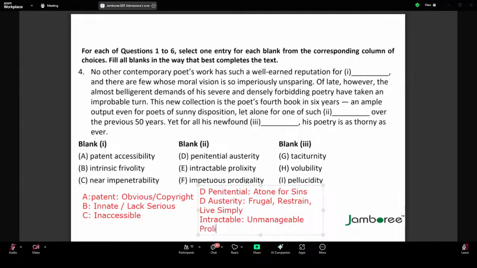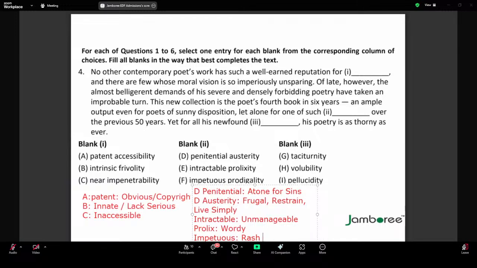Prolix, I think we've done before. Wordy. Impetuous is rash. Plus prodigal is wasteful. Prodigal son. Okay. Taciturnity we have done before. Speak less, think less.